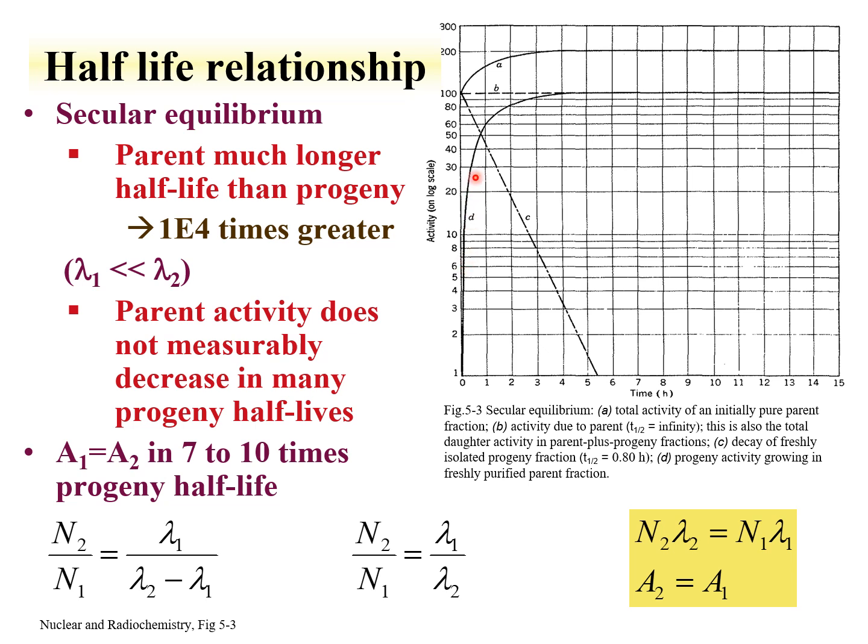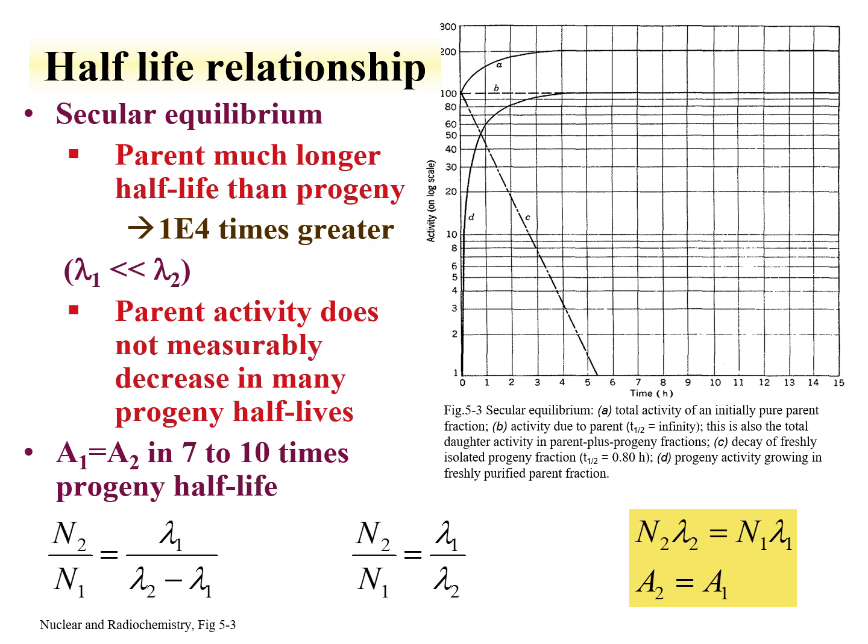So you may have an amount of parent, shown here, the progeny grows in, and then the total activity is basically twice the parent activity. So in this case, the parent does not measurably decrease in many progeny half-lives. We see that that seems to be the case.